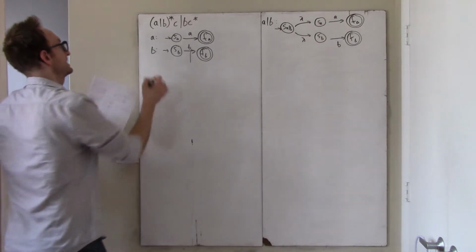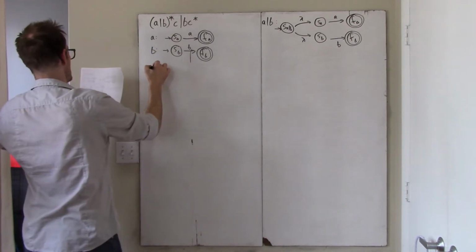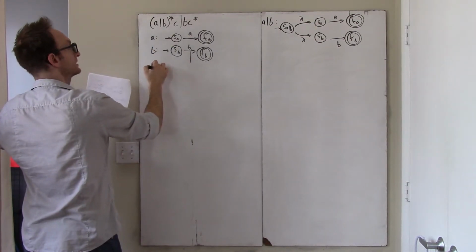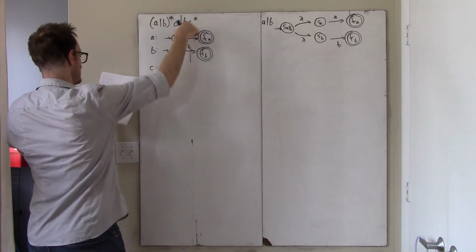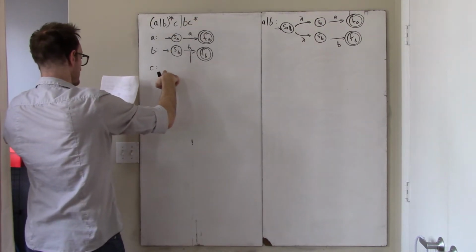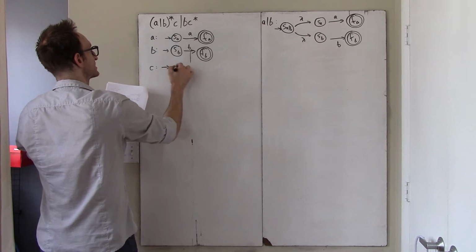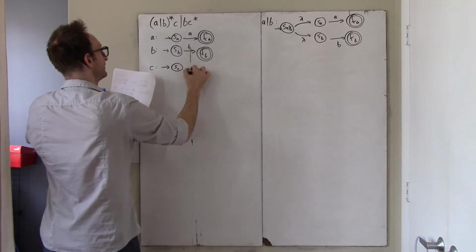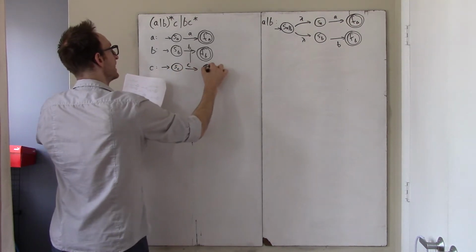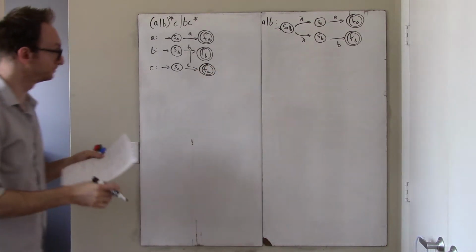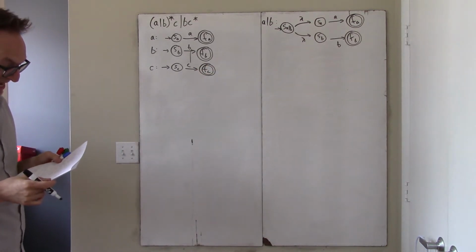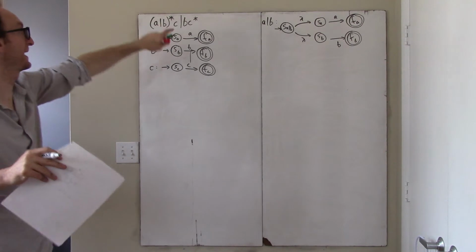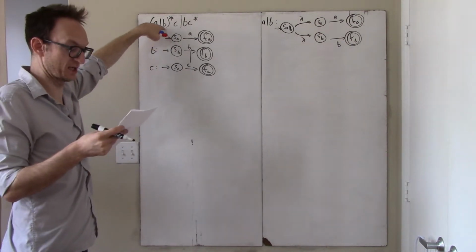Now I need a C machine. So let's do that. What does the C machine look like? Well, it's just like this. And building these up recursively, I now want to make an (A or B)* machine.